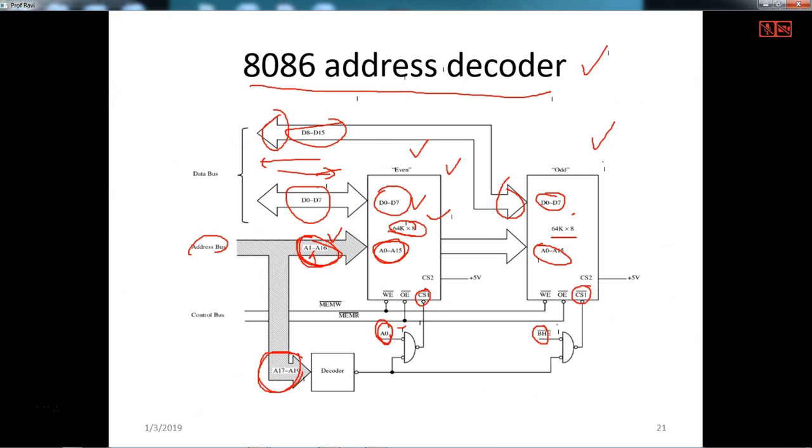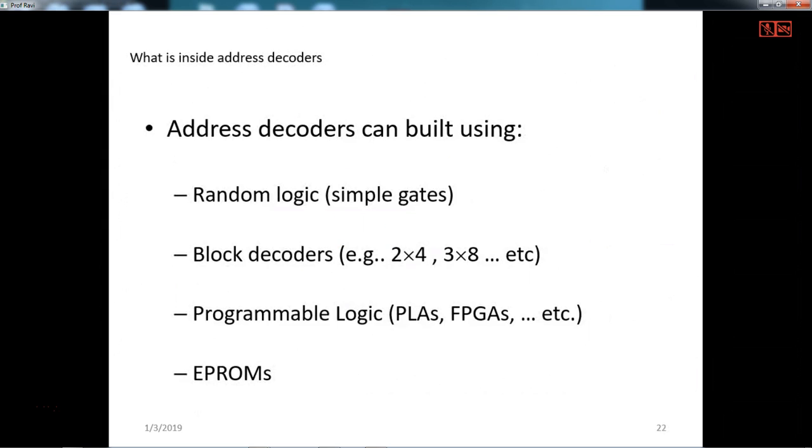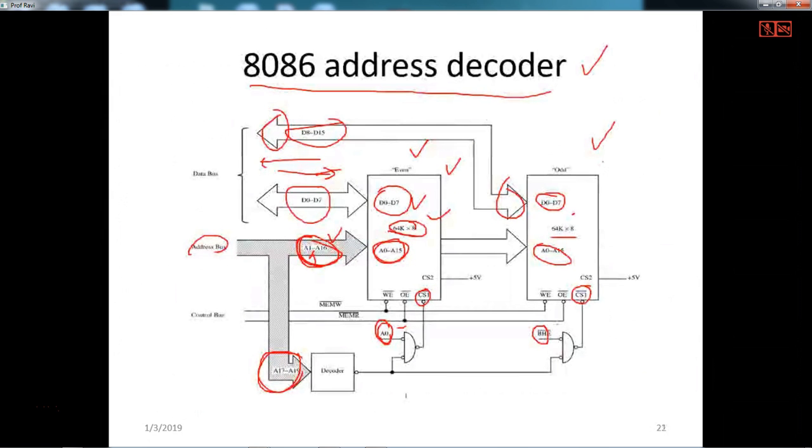So they are used to decode chip selects. Now the address decoder can be any logic; you can use anything here. This is what you should keep in mind when you do memory interfacing. These are the basic fundamental connections you have to make.